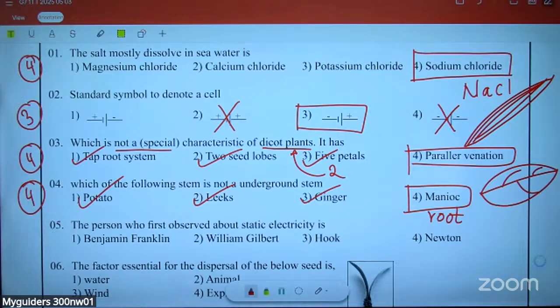No. Right? There is no such relationship between Newton and static electricity. Why? Newton explains Newton's laws. Right? Okay.